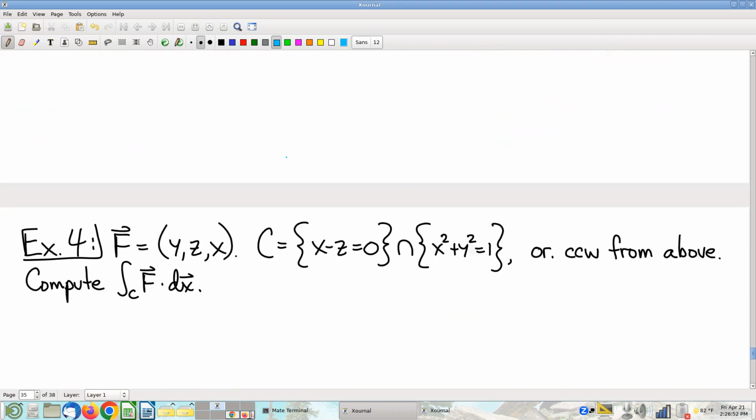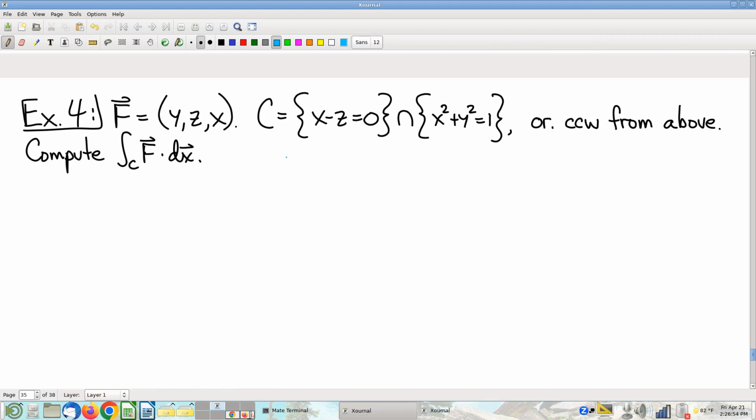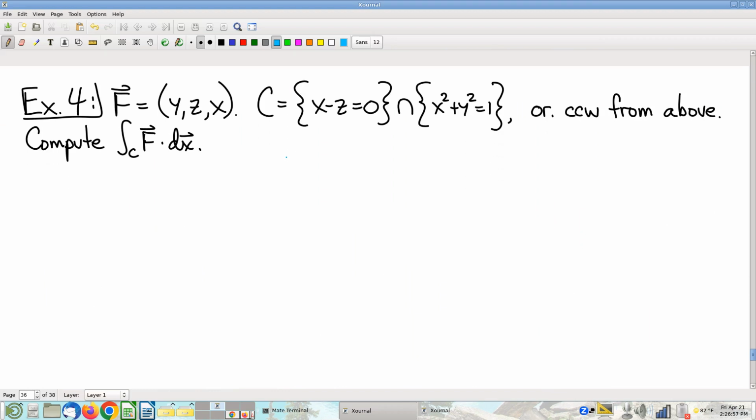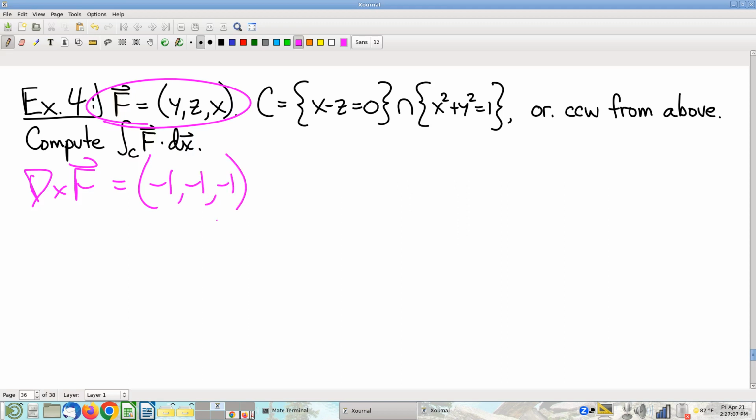All right, example 4. It's very similar with a critical difference, but very similar. You'll notice the exact same vector field, so I immediately know that the curl is -1, -1, -1. It's the same field after all.